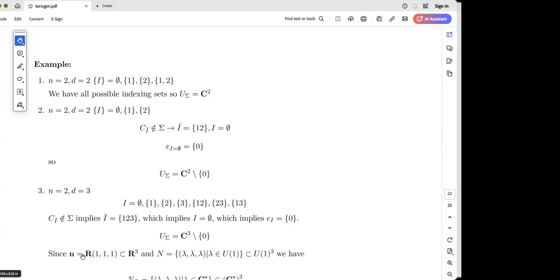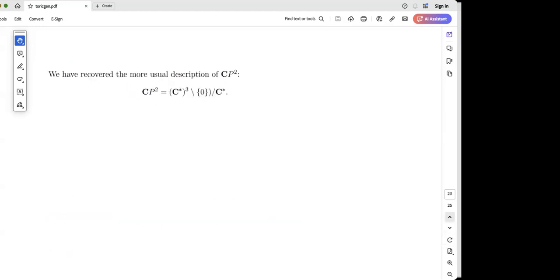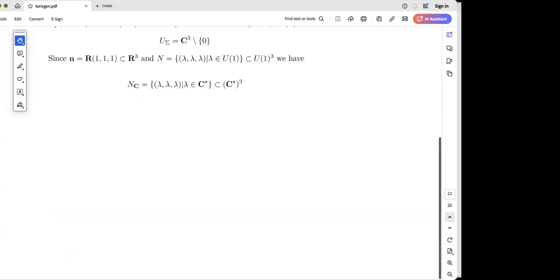So if script n is equal to the real numbers times (1, 1, 1) in R3, and N is equal to the diagonal elements that are equal in U1, so that's a diagonal subset of U1 to the 3, then we get U sub sigma is equal to C3 minus 0.